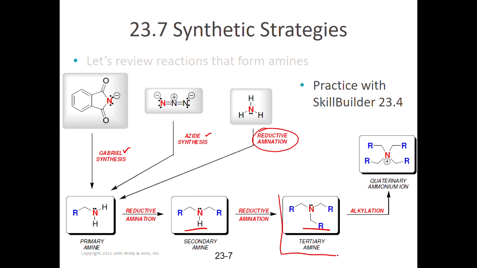Once you have a tertiary amine, if you want to make a quaternary ammonium ion and put a fourth R group on there, you need the alkylation reaction we talked about. So that would involve the R group connected to a really good leaving group, usually an iodide, and the nitrogen would simply do an SN2 attack and push that out, and that would install the next R group.